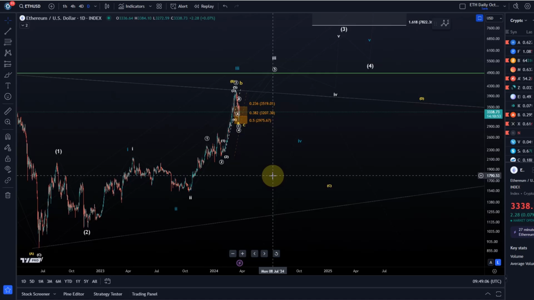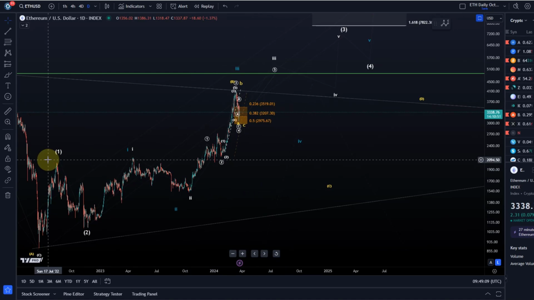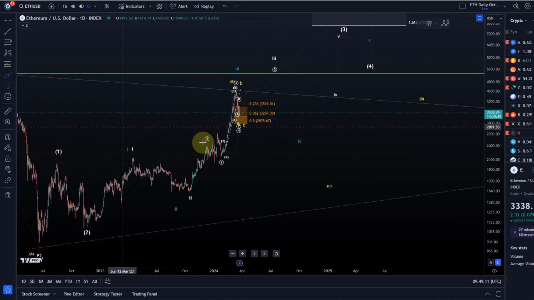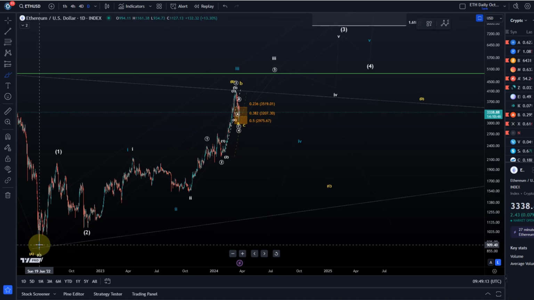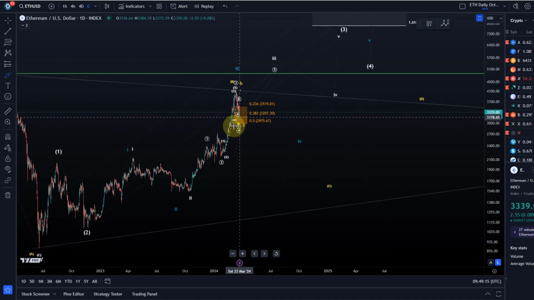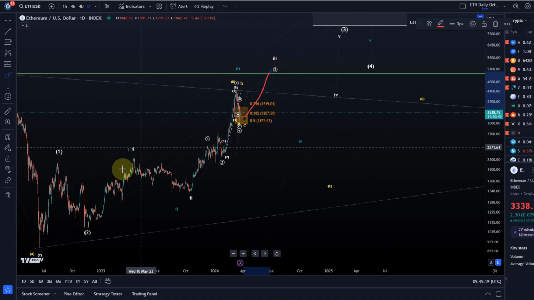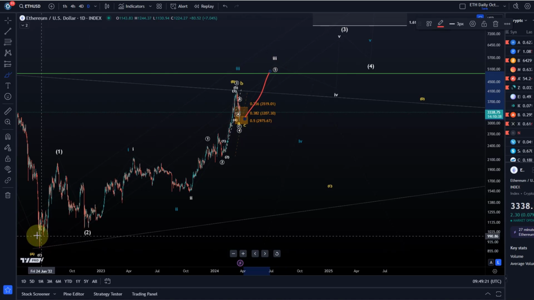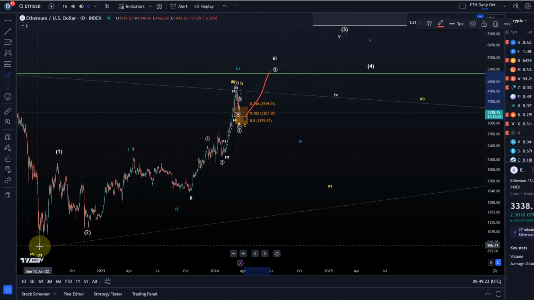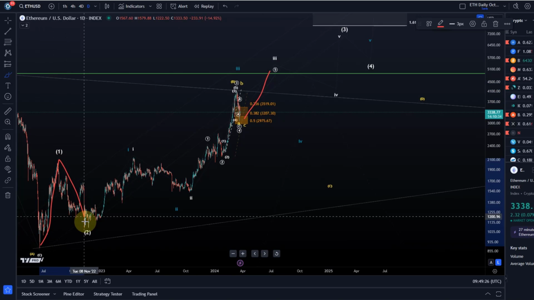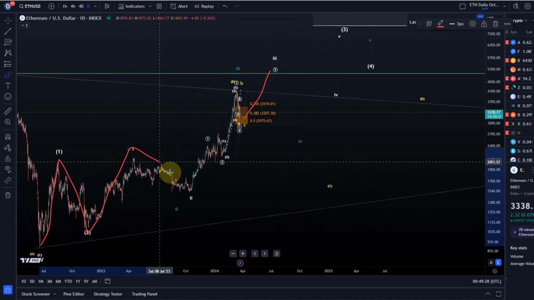So the most straightforward count is obviously the white one, which is the most aggressively bullish one. All Ether needs to do is hold the current support area and then rally in wave 5. From the 2022 low, we have a wave 1 to the upside, a wave 2 to the downside, another 1-2 setup.